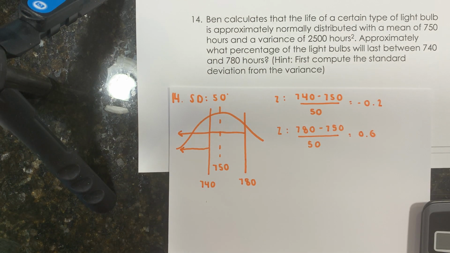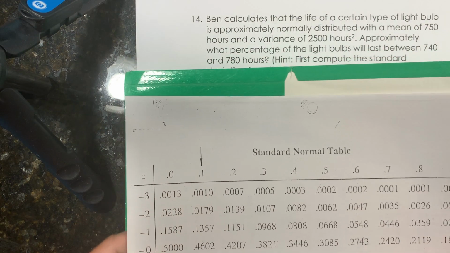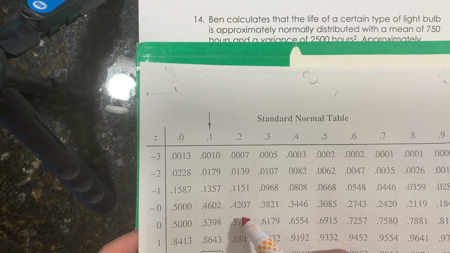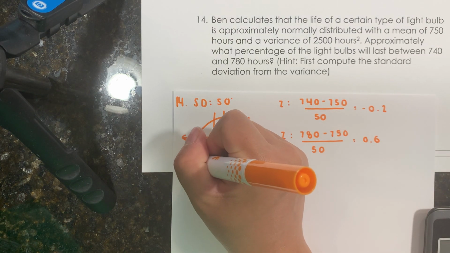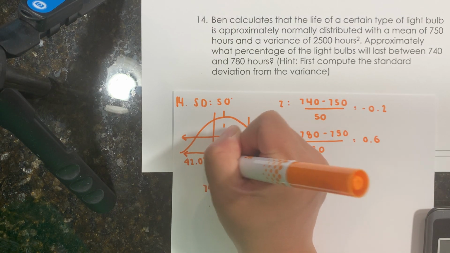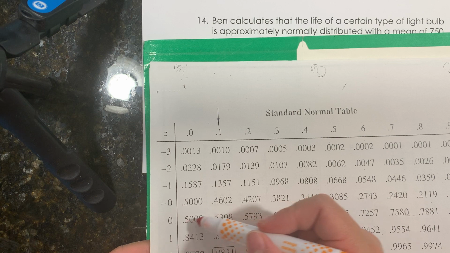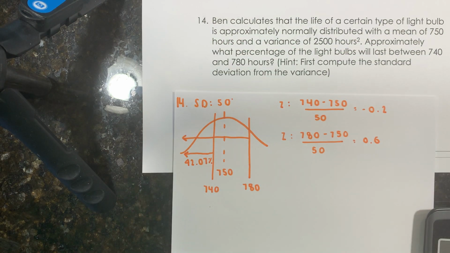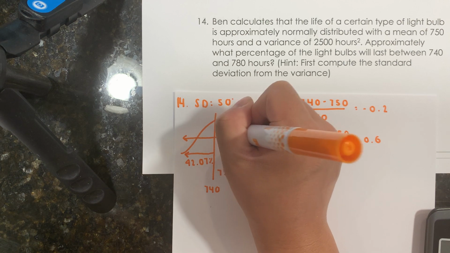So now I need to go to my standard normal table and find the percentages that fall below each of those numbers. The first one is negative 0.2. So I'm going to go down to negative 0 and then over to 0.2. That gives me the percentage of 42.07%. So from here to here, 42.07%. Now for the positive 0.6, I'm going to go down to positive 0, over to 0.6, which would give me 72.57%.